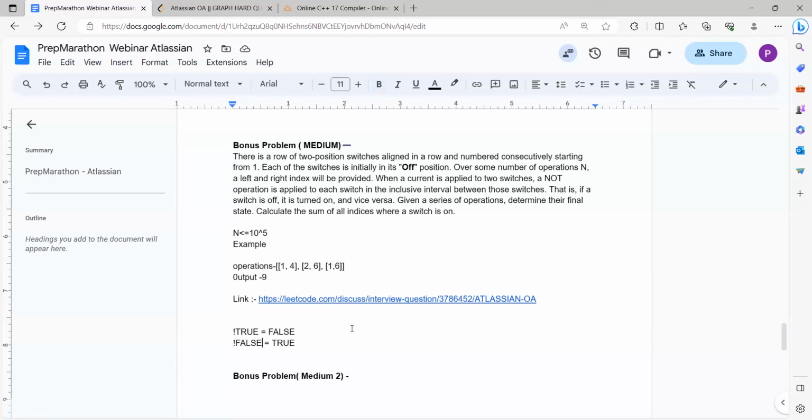Now what is given? An inclusive interval. The not operation is applied to every switch in that interval. That is, if a switch is off, it is turned on, so we flip it. If a switch in the range L to R was on, it is turned off. If it is off, it is turned on. We are given a series of operations and must determine the final state.